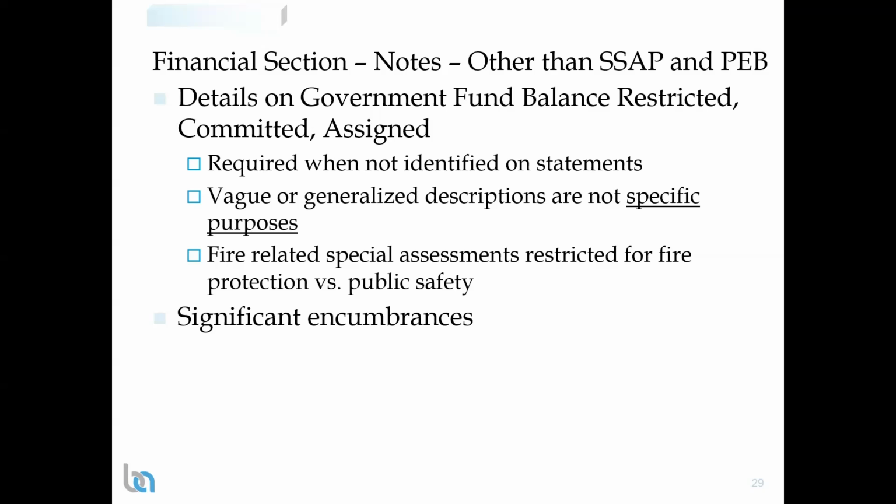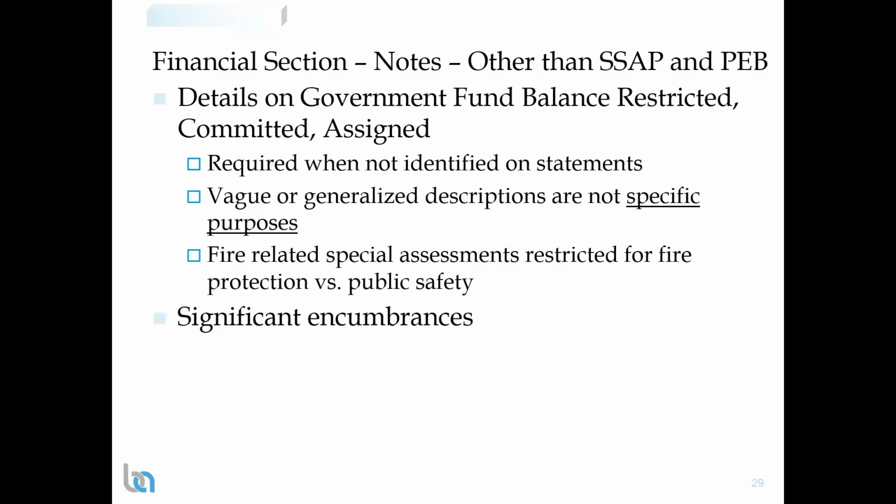Significant encumbrances are missing from the disclosures. So if, for example, you're a fire district and you have, say, $1 million of unassigned fund balance, and then you just ordered a fire truck, and the fire truck costs $700,000 or $1 million probably by this point.